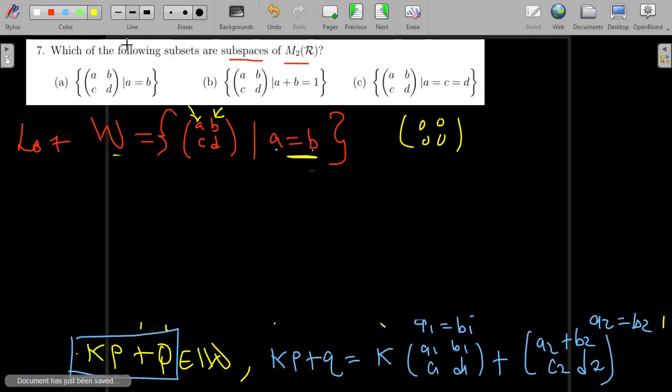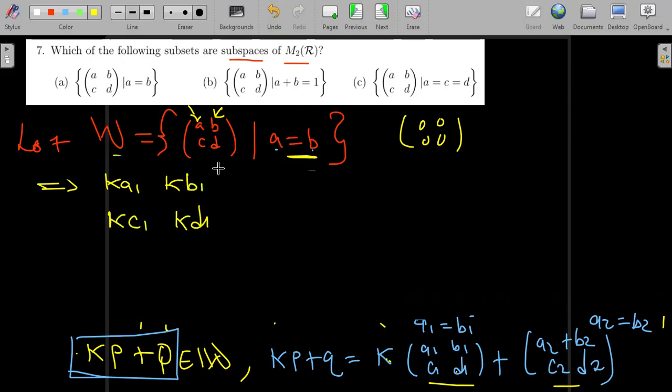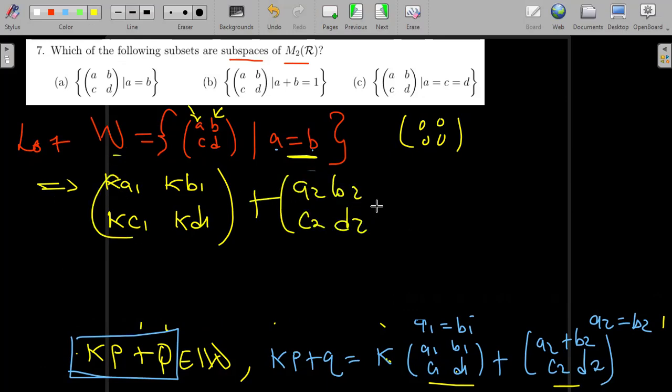Let's add this and this. But before we add, we have to multiply this K with this. So what we get there will be KA1, KB1, KC1, KD1, and then plus A2, B2, C2, D2. If we add this, what are we going to get?